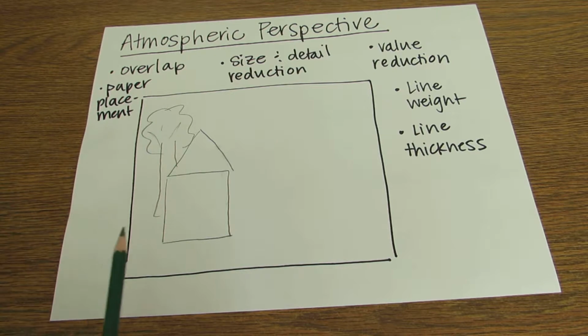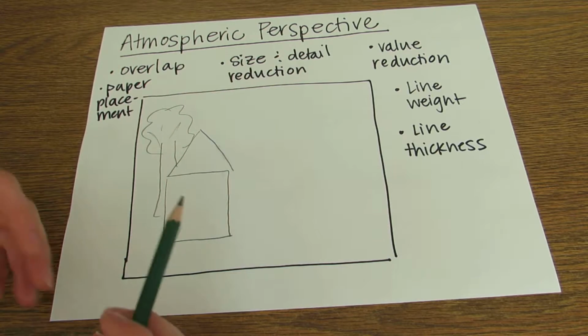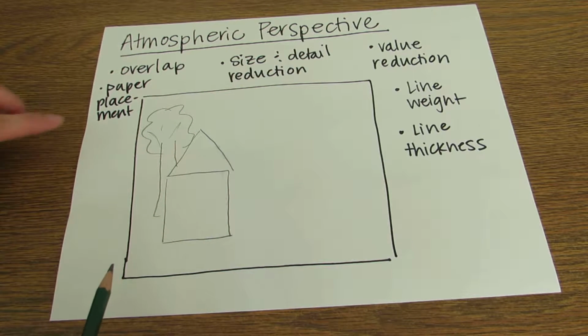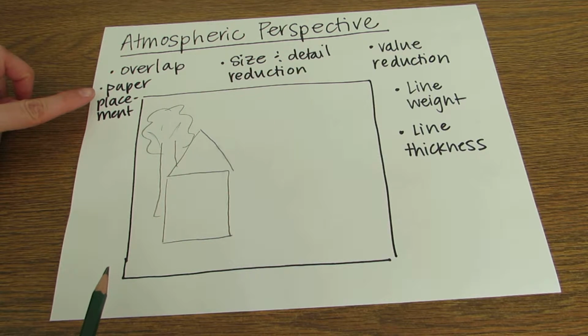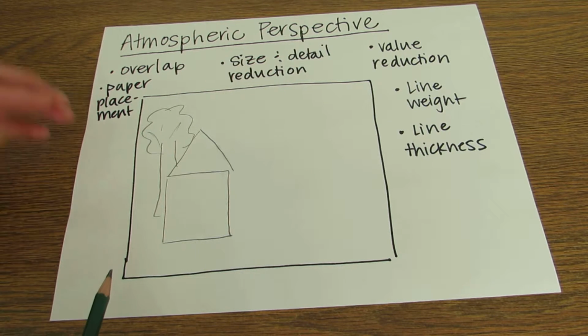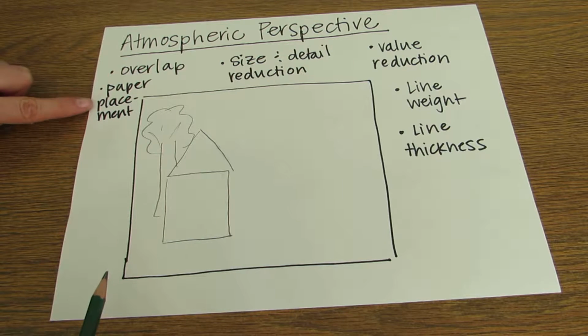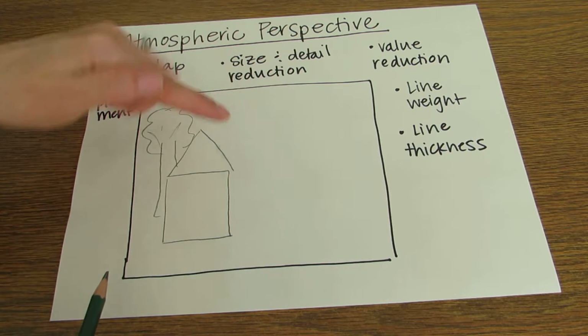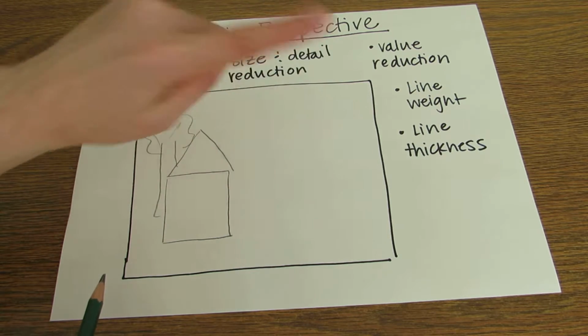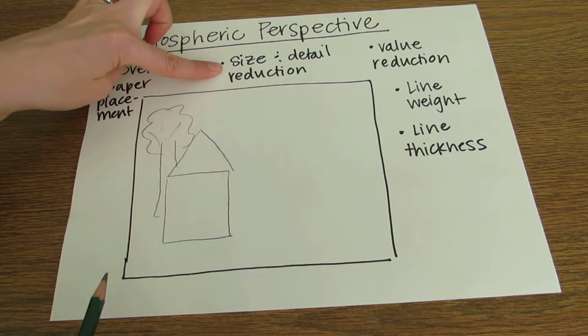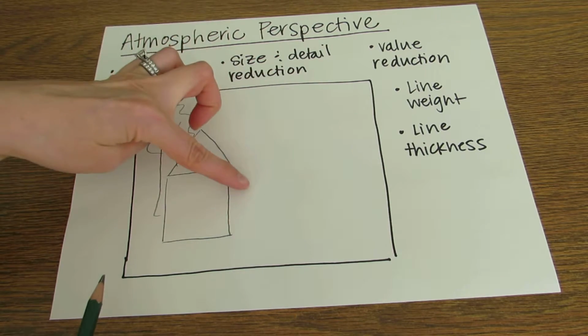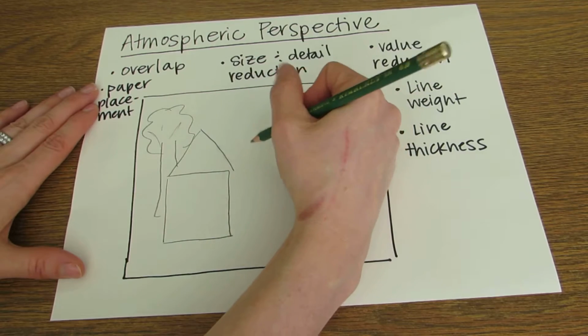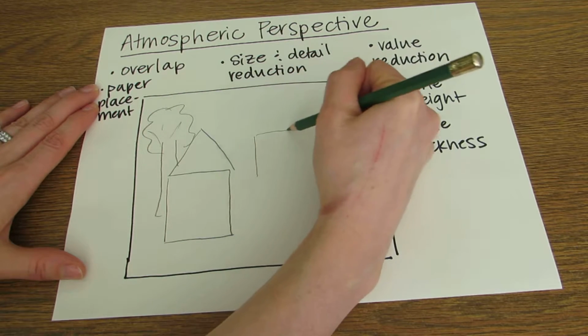If I wanted to maybe represent a few other houses, maybe this is a little street in a neighborhood, I can start to do two things. Place things higher up on the paper to show that they're further away, so that would be paper placement. And as I move things higher up on the page, I'm going to start to reduce their size. So the second and third house I draw are going to be smaller than the first.